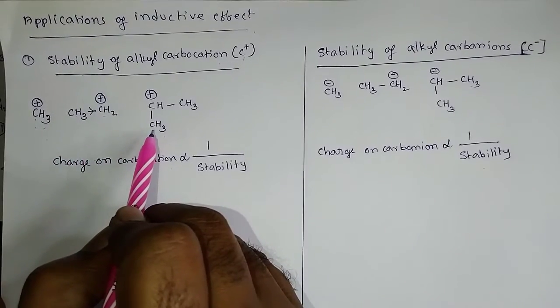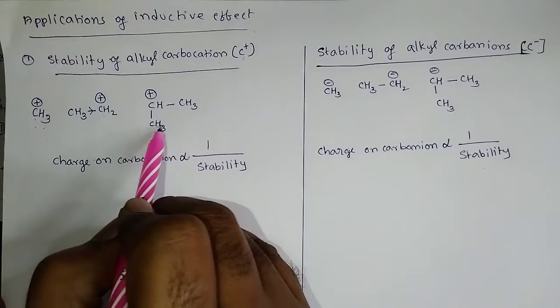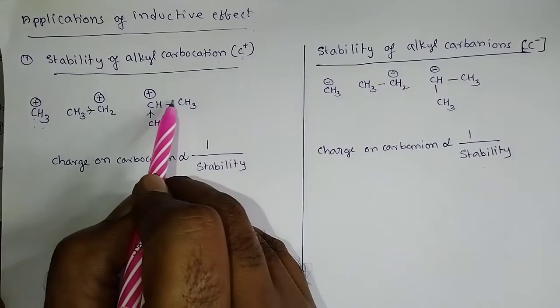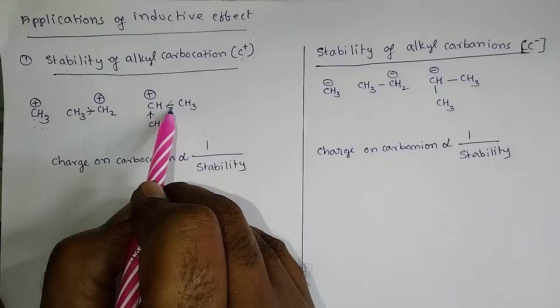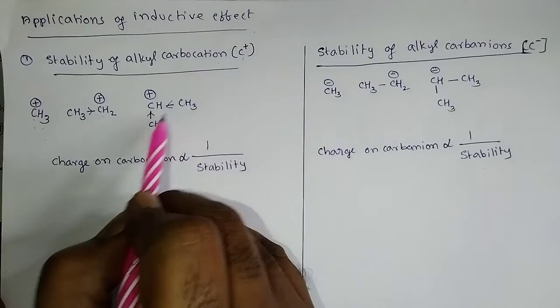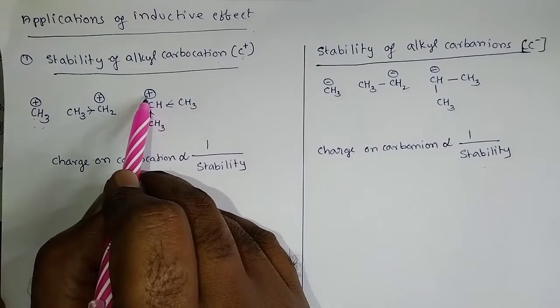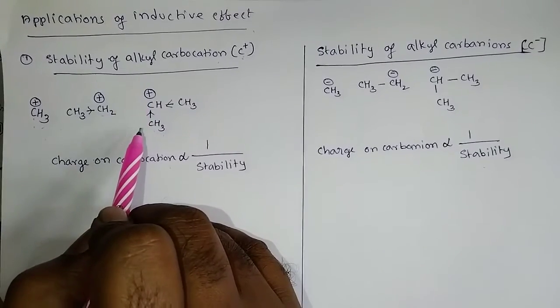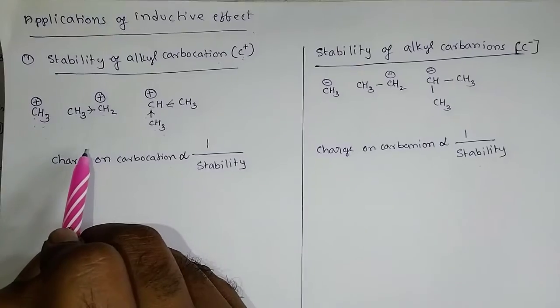Similarly, here 2 methyl groups are there, so this methyl group also donates electrons and this methyl group also donates electrons. When 2 methyl groups are there, positive charge obviously decreases further. Now which has more positive charge?